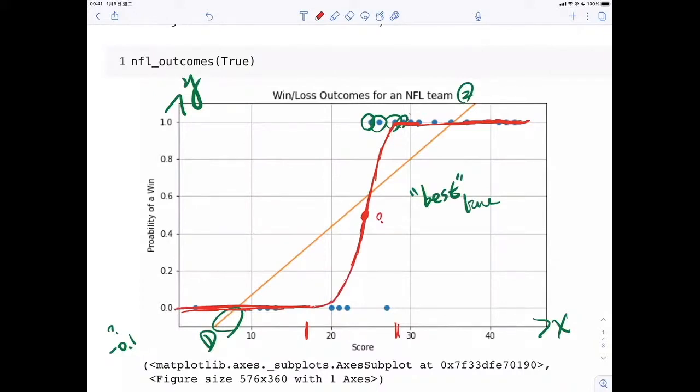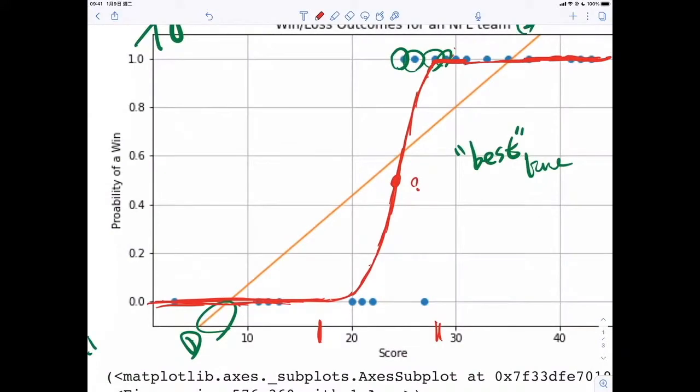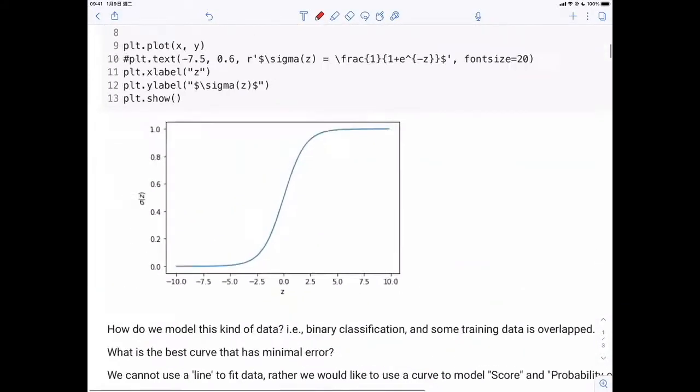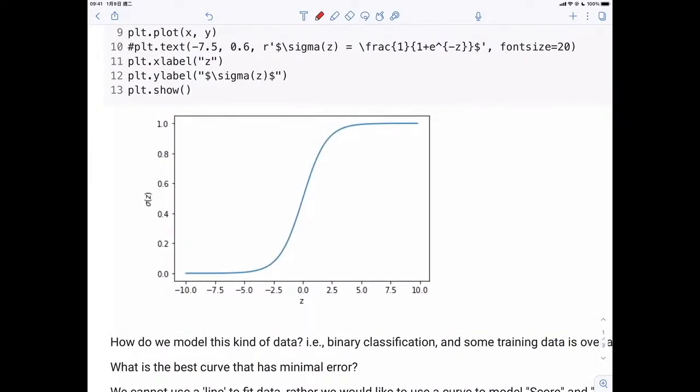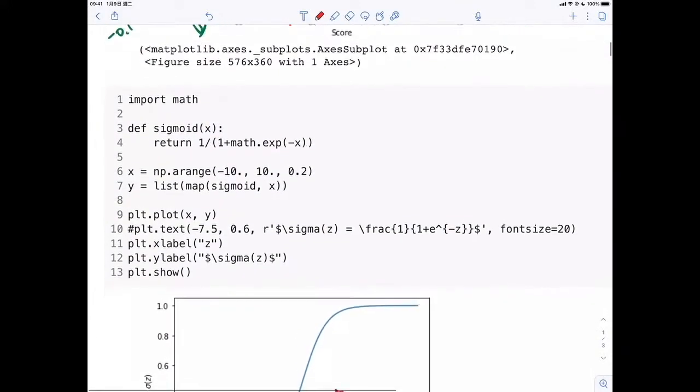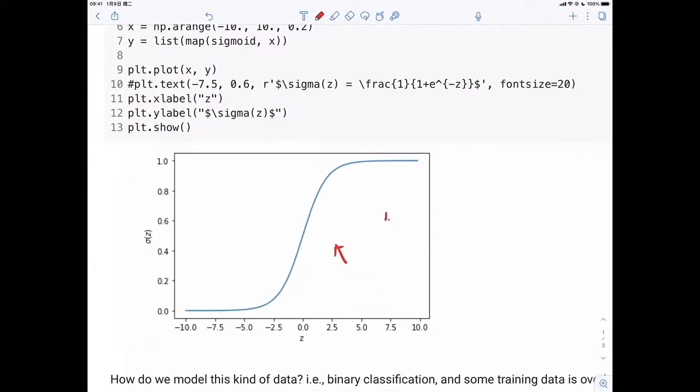We don't use linear regression here. How do we model this shape? Mathematics gives us a shape just like what we want. This shape has several different names. One of them is called the sigmoid function, or it is called the logit function, which is quite useful when we describe such data.